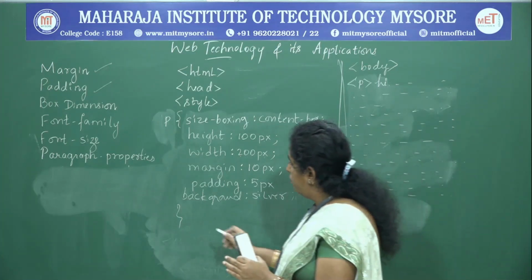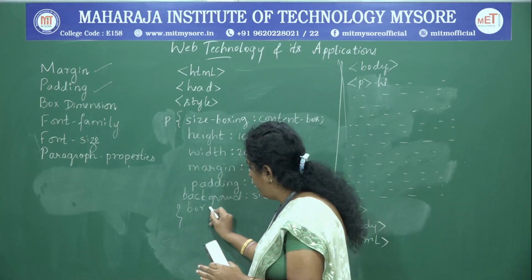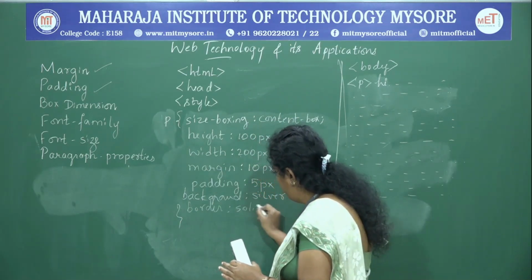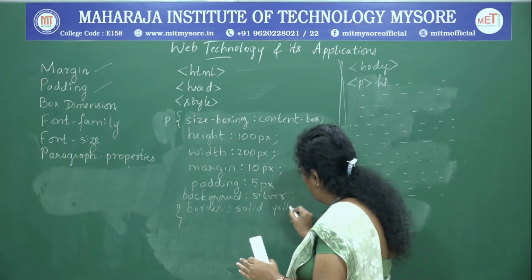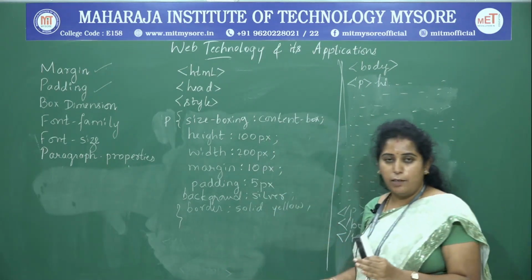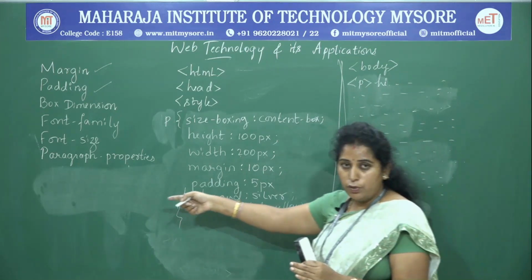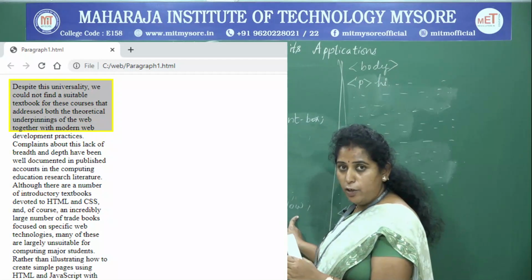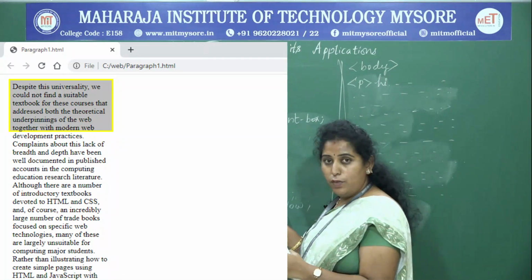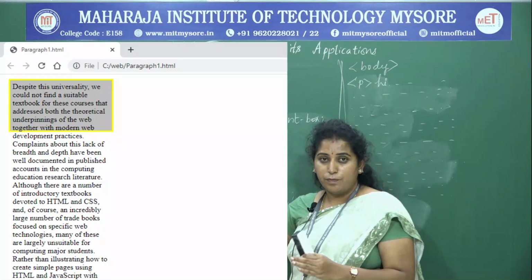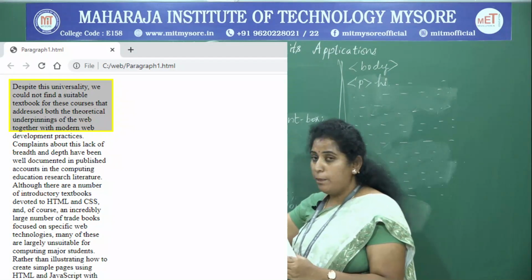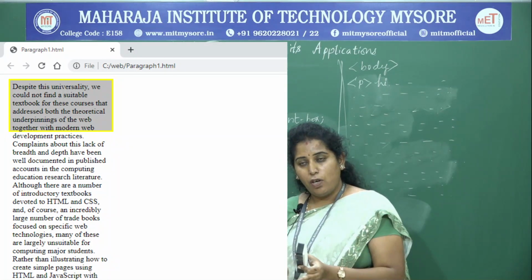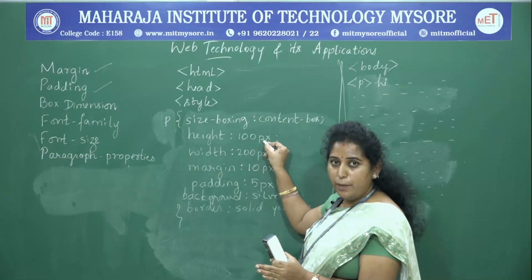Okay, so to make it more clear, I will give border style as solid and yellow color. Now again I will run the same program. Now you observe, for the content box the border is solid and yellow, the background is silver, and the text within the content box has a height of 100 pixel.